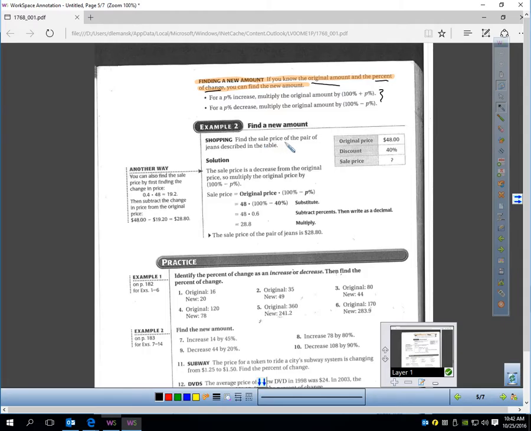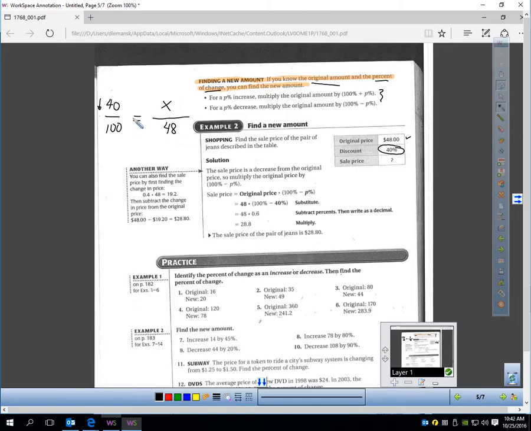Find the sale price of a pair of jeans described in the table. Remember, the original amount would be 48 according to this. Do you see how there's a 40% discount? Doesn't 40% mean 40 out of 100? Discount means a drop in price. So if there's a 40% drop in price out of the 100, I want to find out what number that would be if the original price was 48.